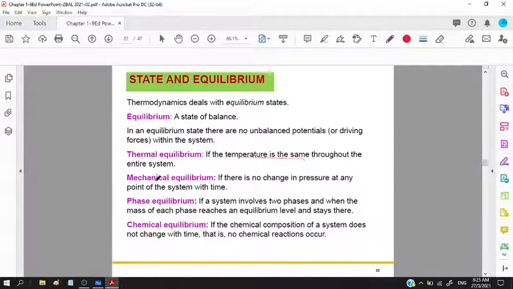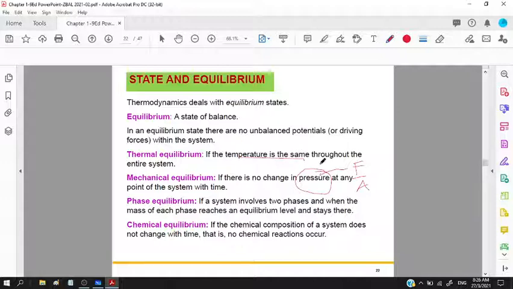When we say mechanical equilibrium, we look at pressure. We know that pressure is force divided by area, so mechanical equilibrium means the force should be equal, whether we look along the x-axis or the y-axis. So the pressure or the force must be the same.